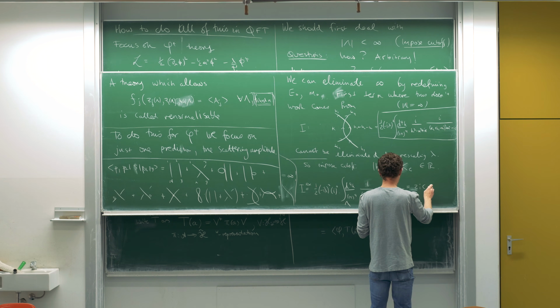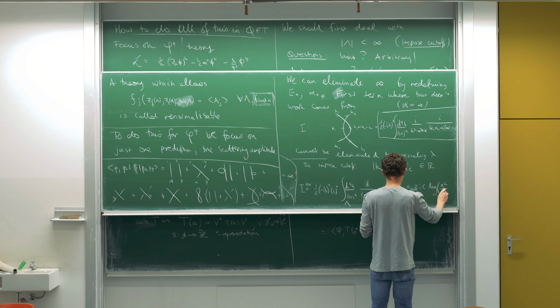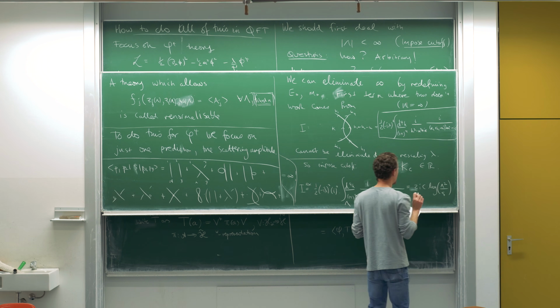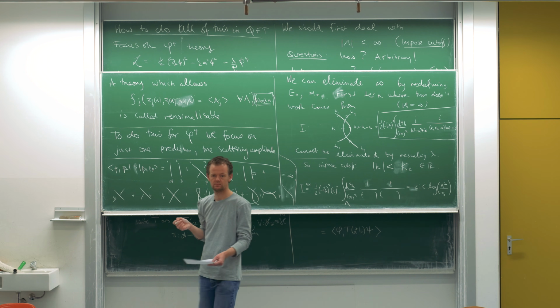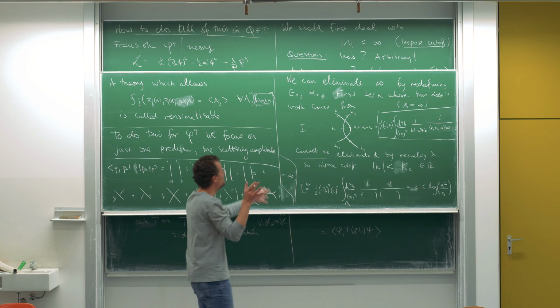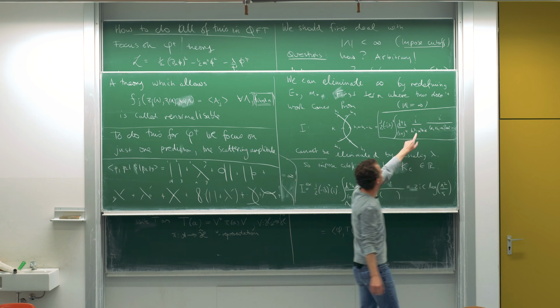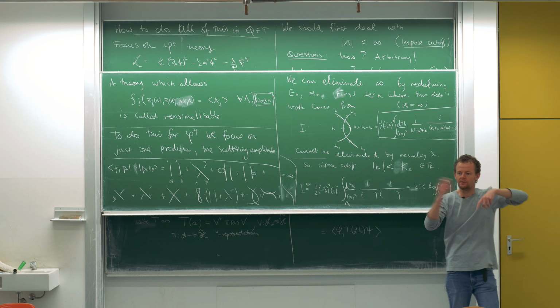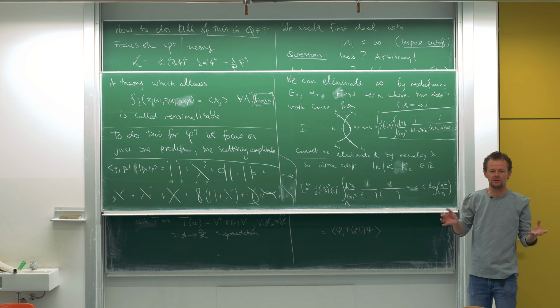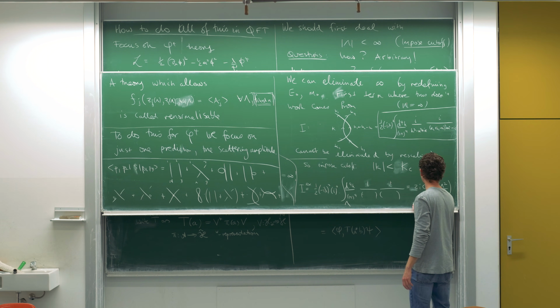If you do the integral with this cutoff in place, you end up with this very remarkable result here. You knew it was going to happen, right? Because the integrand is 1 over k to the 4, and we're integrating d4k, so we're going to get logs. And S is just equal to k1 plus k2.